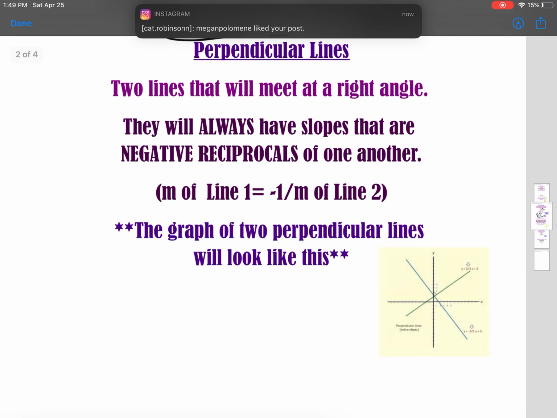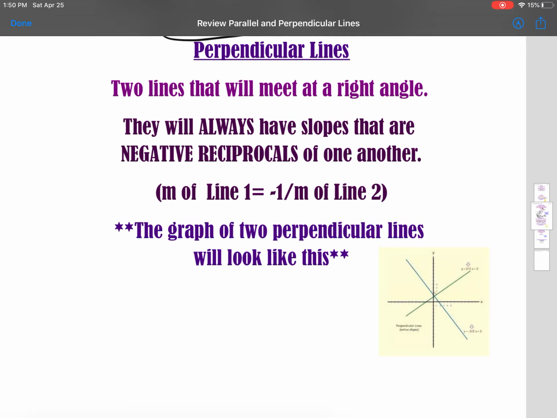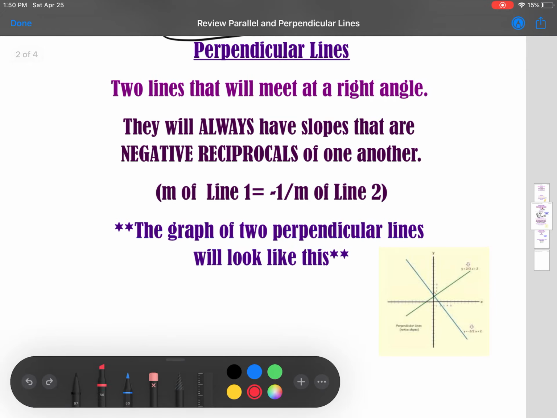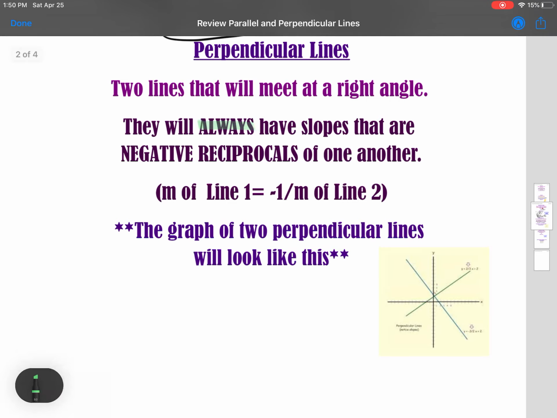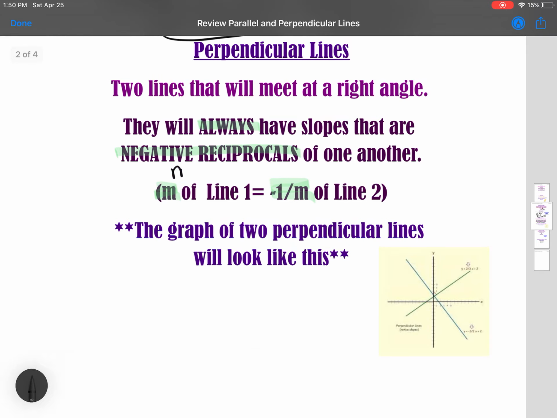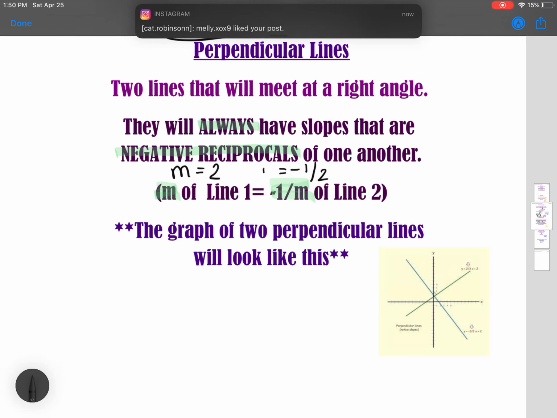Next, perpendicular lines. Perpendicular lines are two lines that will meet at a right angle. They will always have slopes that are negative reciprocals of one another. So the m of line 1 equals negative 1 over m of line 2. So an example of this, if m of line 1 equals 2, m of line 2 equals negative 1 over 2.